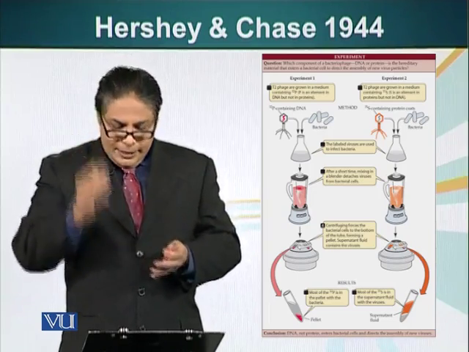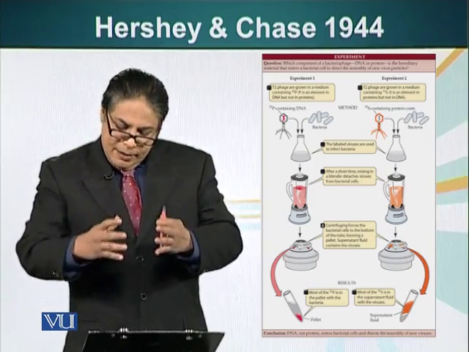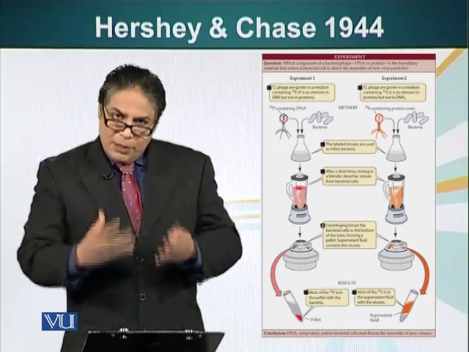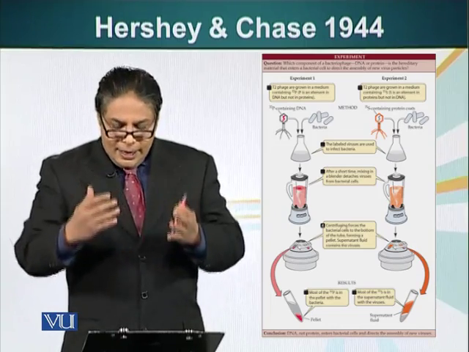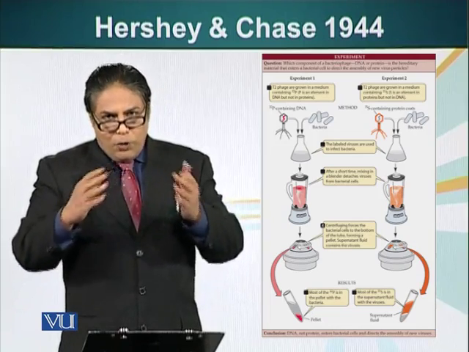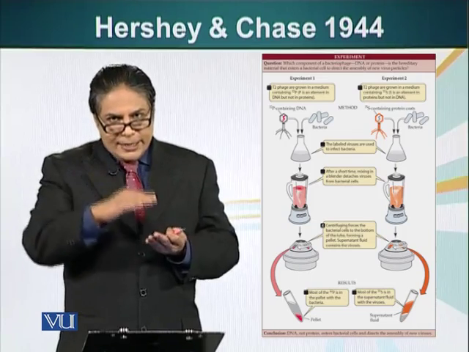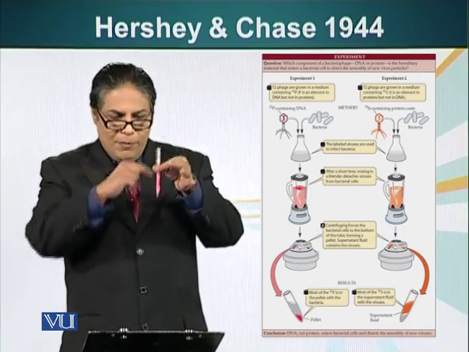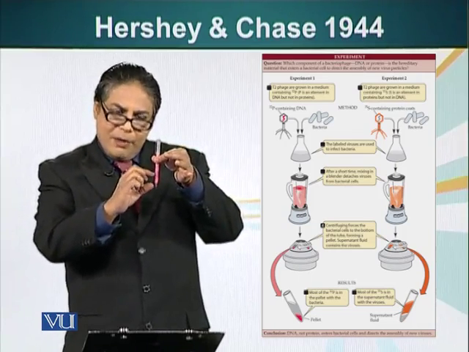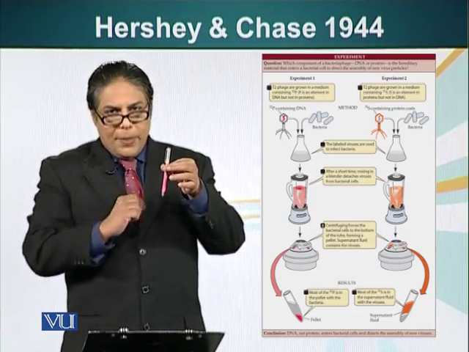After they put these cultures in the blender, they put the sample in the centrifuge. What the centrifuge does is that the heavier material settles at the bottom. So if this is a test tube and we put it in the centrifuge, the heavier material will be at the bottom and the lighter material will be on the top.